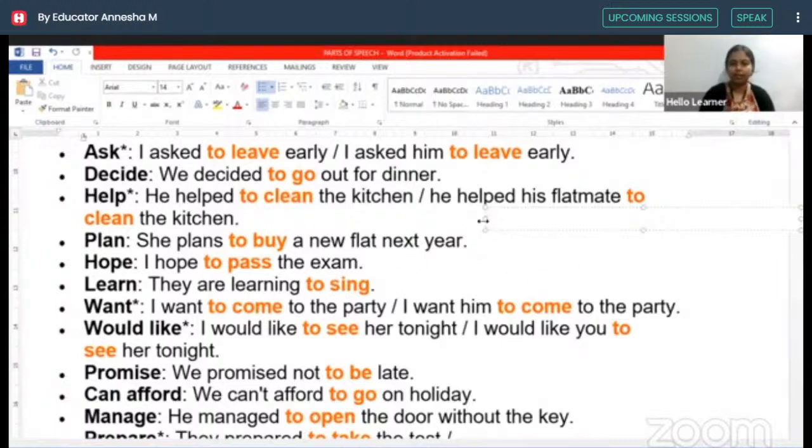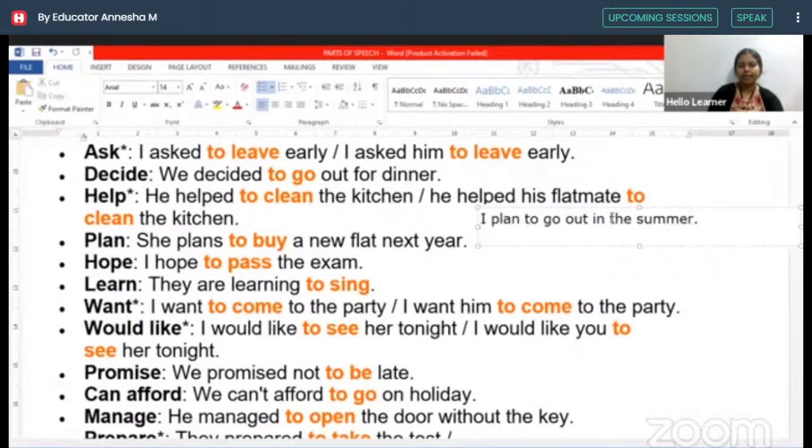So many words are there. बताइए. Yes, Shima. I plan to go out in the summer. Very good. In this summer. Yeah. Absolutely correct. Very good, Shima. Absolutely correct.